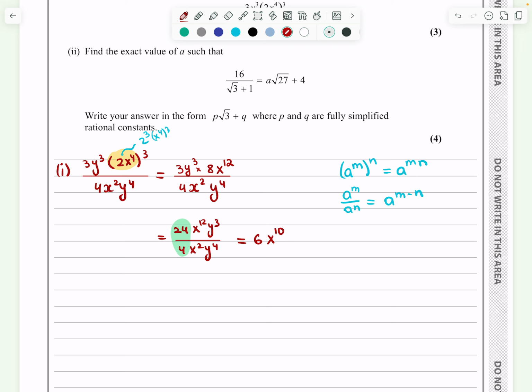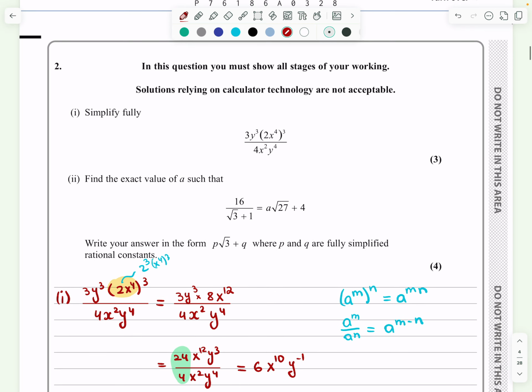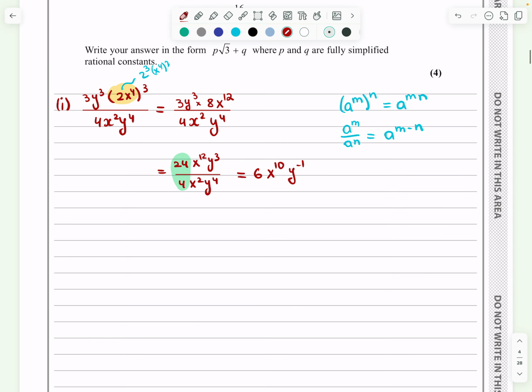Similarly, y to the power of 3 minus 4 is y to the power of negative 1. You might see the answer given as 6x to the power of 10 divided by y, because negative 1 as a power means 1 divided by that letter. Either form is accepted. Okay, this is the first part.